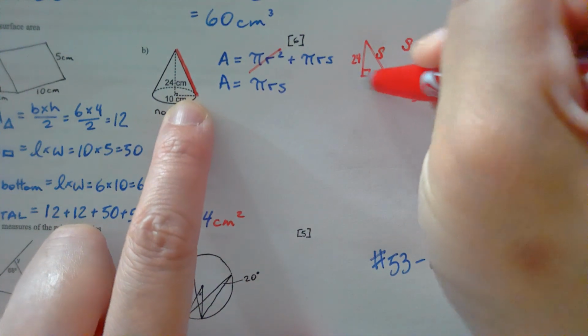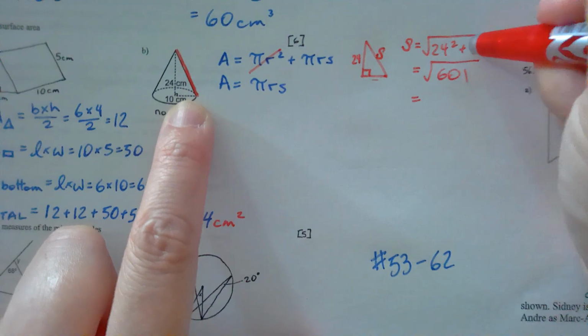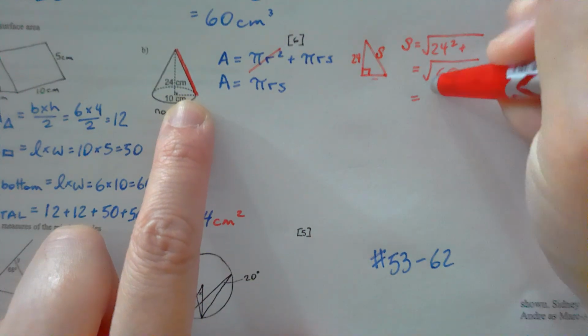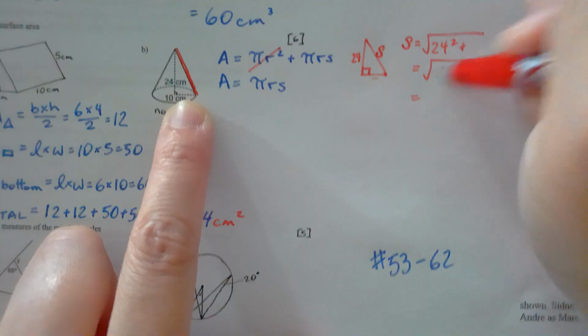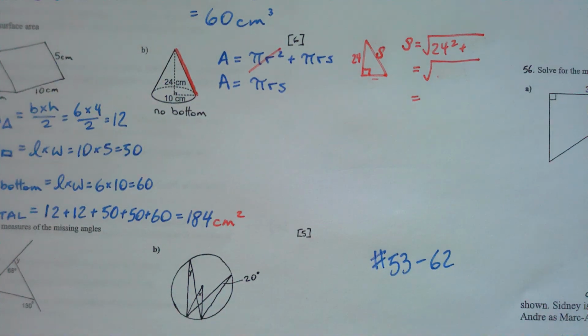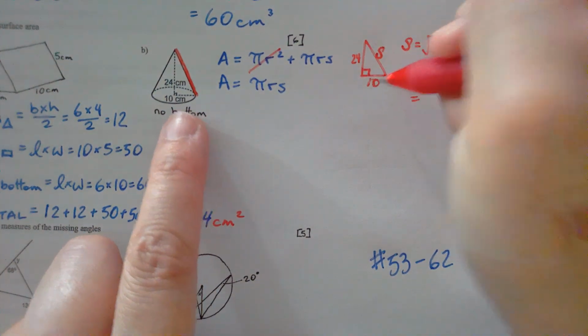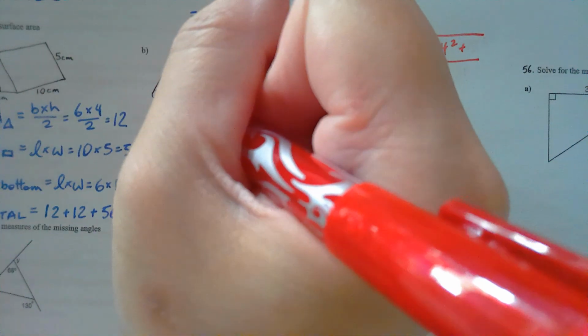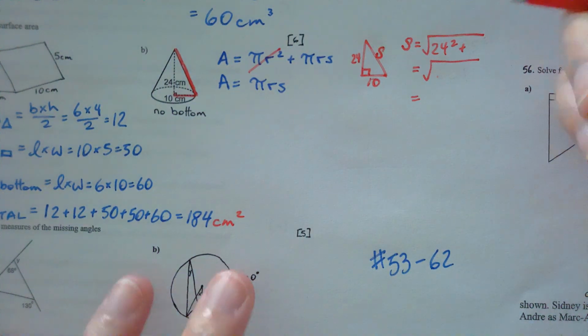On the exam, you won't see something confusing like this. Sorry, I will specify. So we'll say that the radius is 10 in this case.